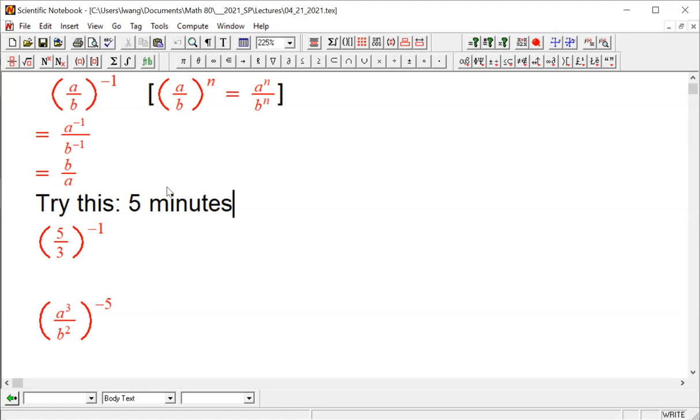How's it going? So you might have figured out that the negative sign in the exponent just flips the number from the bottom to top, top to bottom.